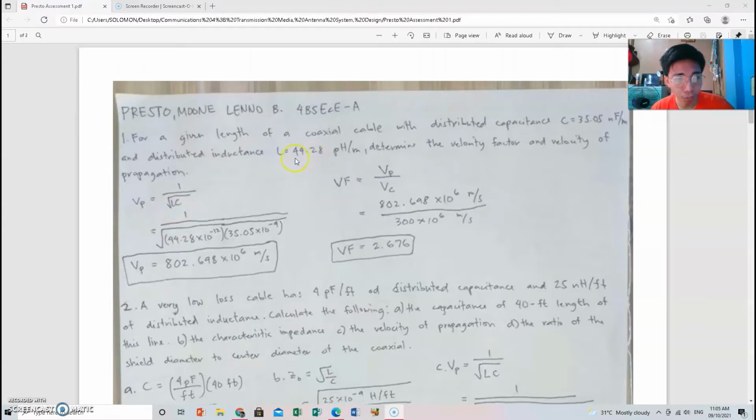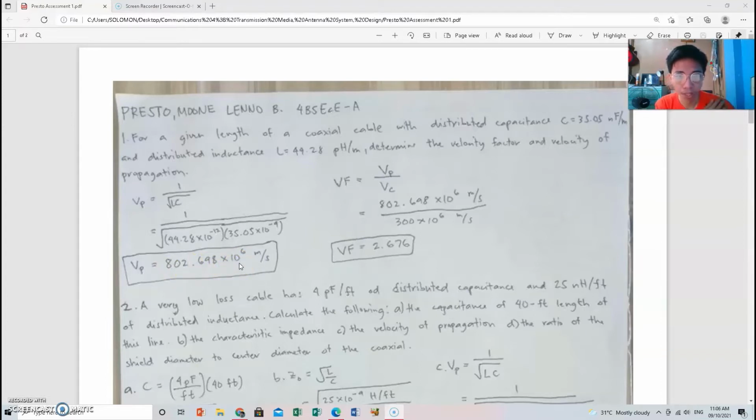The inductance is 44.28 times 10 to the power of negative 12, as it is a pico, no? Multiplied by 35.05 times 10 to the power of negative 9, because it is nano. And just simply input this into your calculator, and it will have an answer of velocity of propagation is equal to 802.698 times 10 to the power of 6, so that is meters per second.